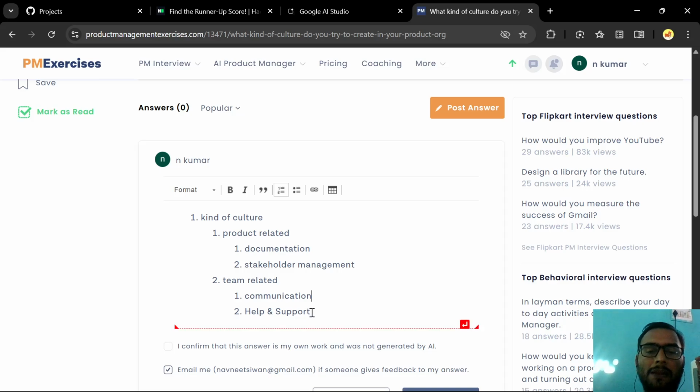And second part is help and support. By help and support, we mean that most of the time you get assigned to a particular product department, let's say a monetization feature or an adoption feature, any particular team. So it happens that some other product team or member of the product department is working on a different feature or a different department.